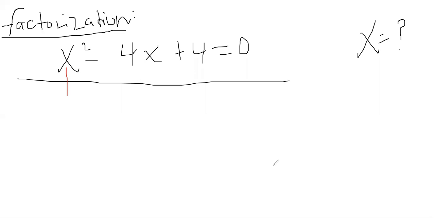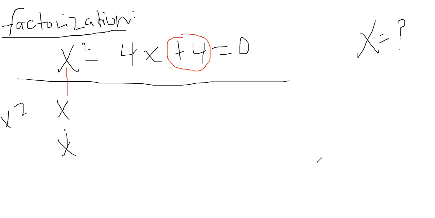Obviously those two variables are x times x. x times x will give you x raised to the power of 2. Once you do that, also focus on two numbers which, when you multiply them, will give you plus 4, this one.